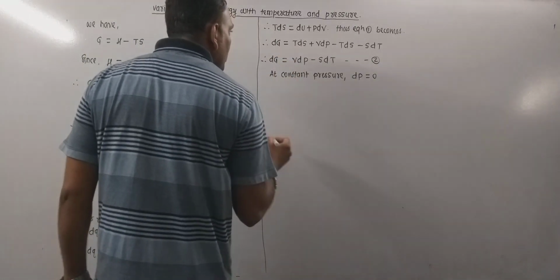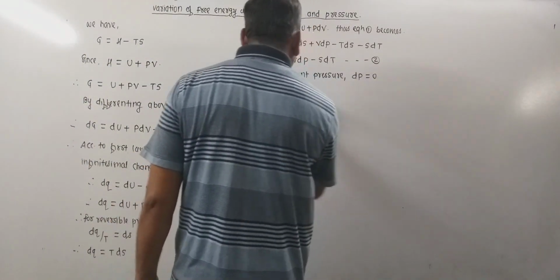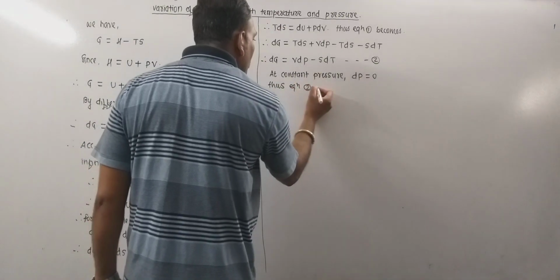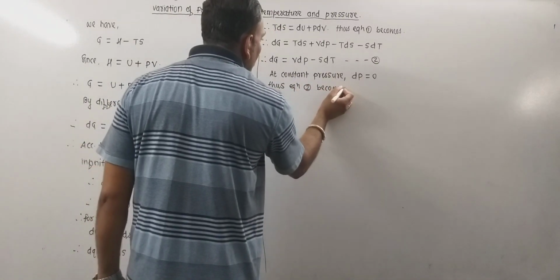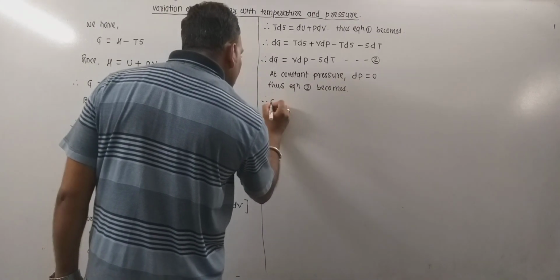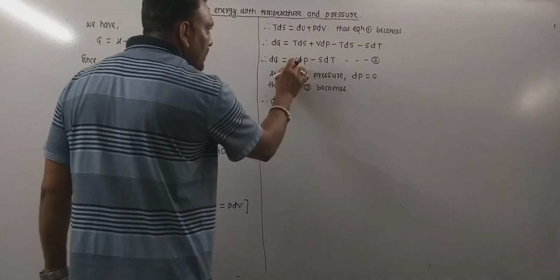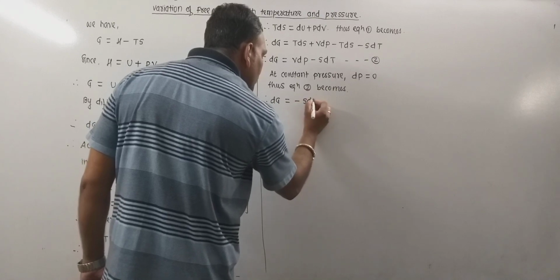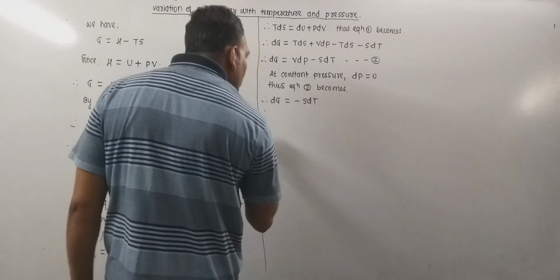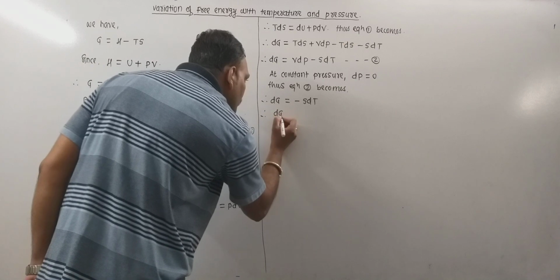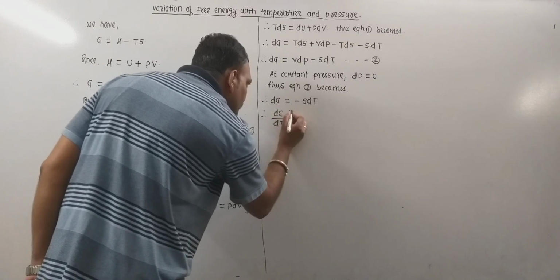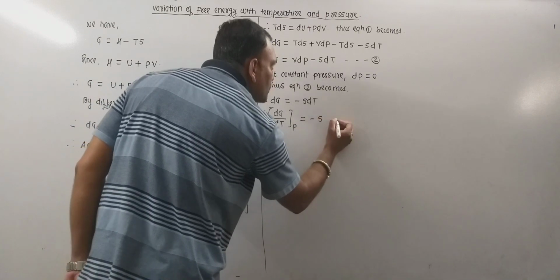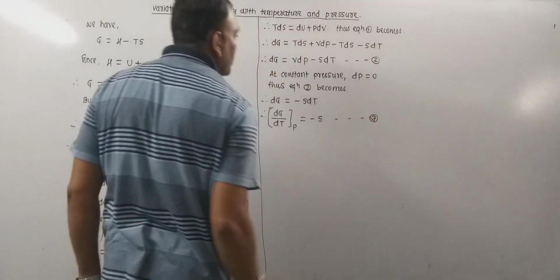Thus equation 2 becomes dG equals, this term becomes 0 at constant pressure, so equals minus S dT. Thus at constant pressure, dG by dT at constant pressure equals minus S. Now this is supposed to be 3.